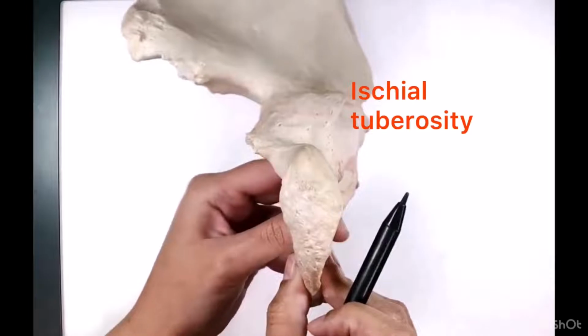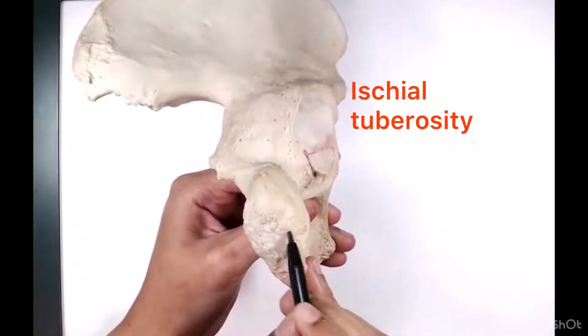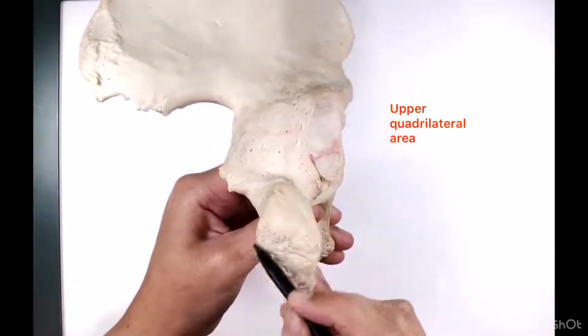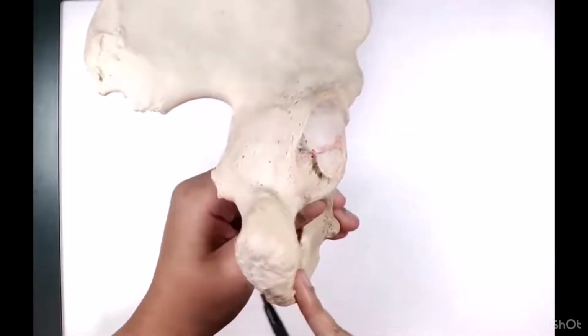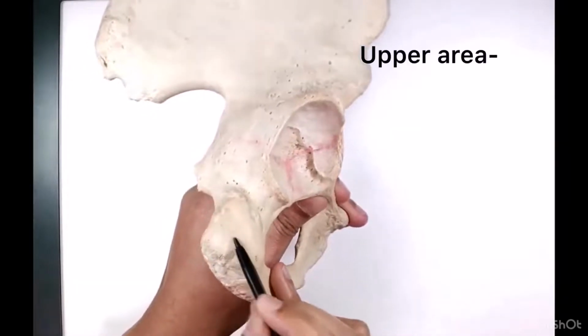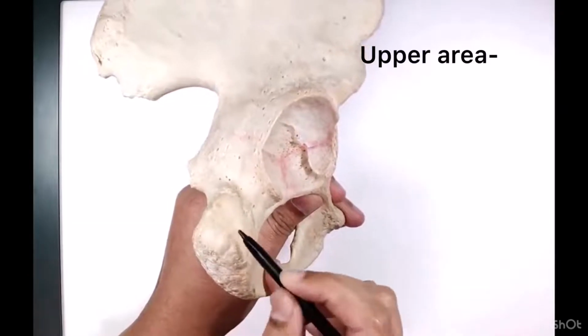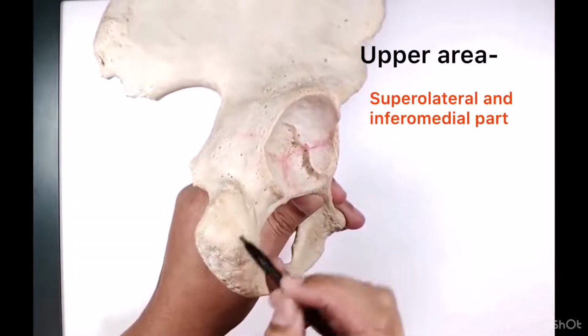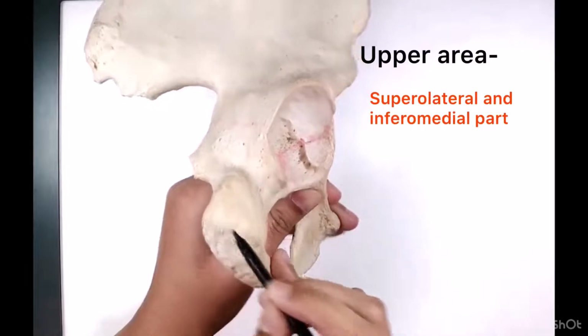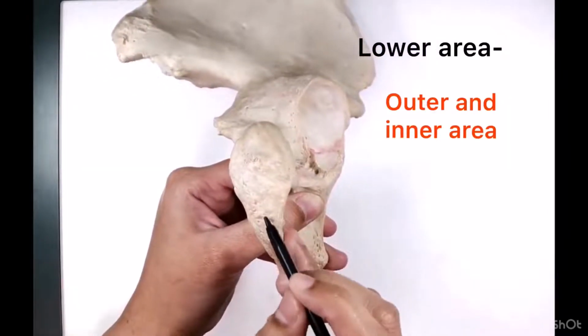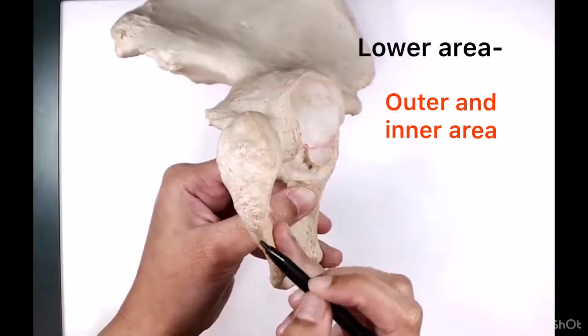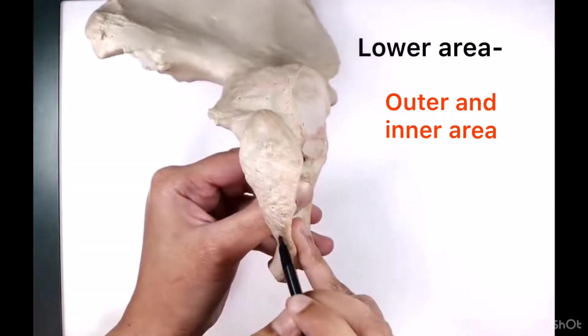This ischial tuberosity is divided by a horizontal line into an upper quadrilateral area and a lower triangular area. The upper quadrilateral area is further divided by an oblique ridge into supero-lateral part and an infero-medial part. And the lower triangular part is divided by a vertical ridge into an outer part and an inner part.